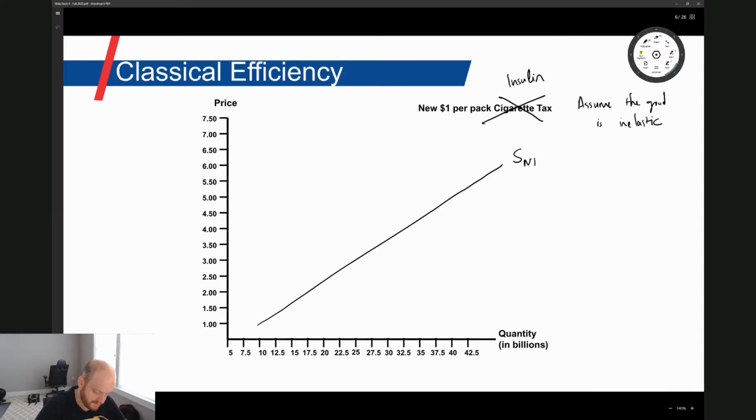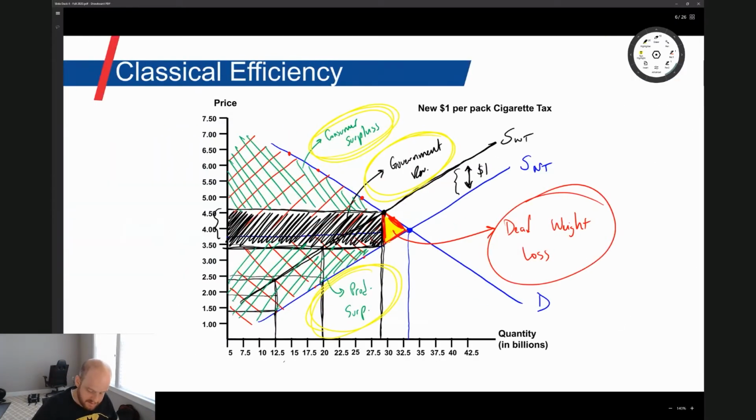So we would still have a supply line with no tax. This time our demand line would have a much steeper slope, right? So this would be our demand line. Let's draw it out a bit straighter. As you can see, this demand line is of a good that is not very inelastic.